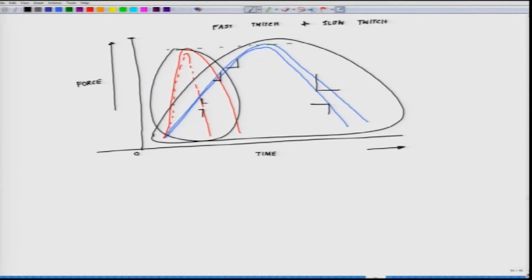You can calculate the rise by calculating the slope of this curve. If you calculate the slope of this curve, you will realize what I am trying to tell you. It is rising slowly, it is falling back slowly. So, it means it has ample time, whereas this is like this.